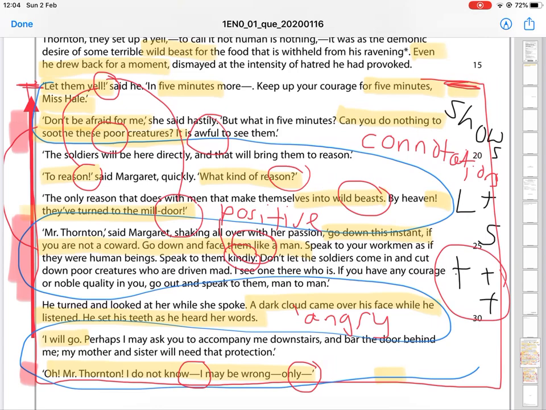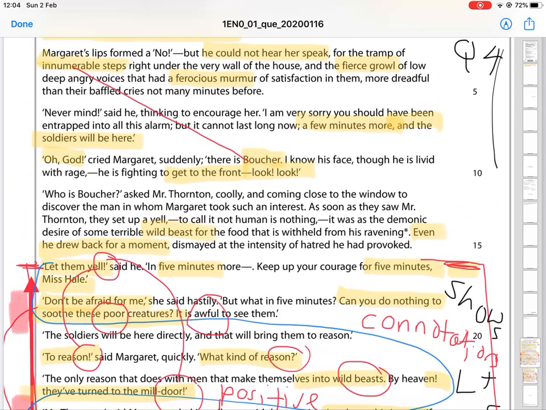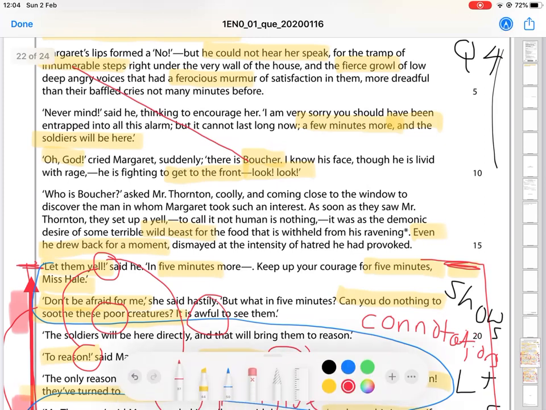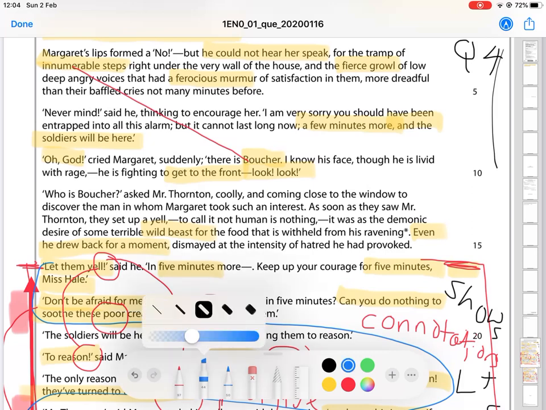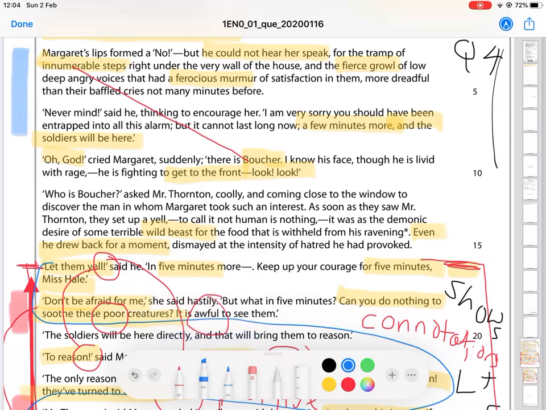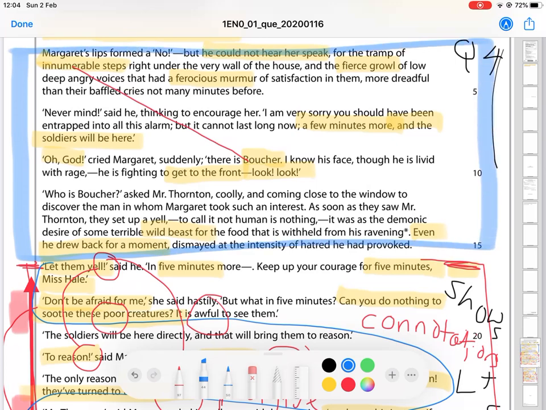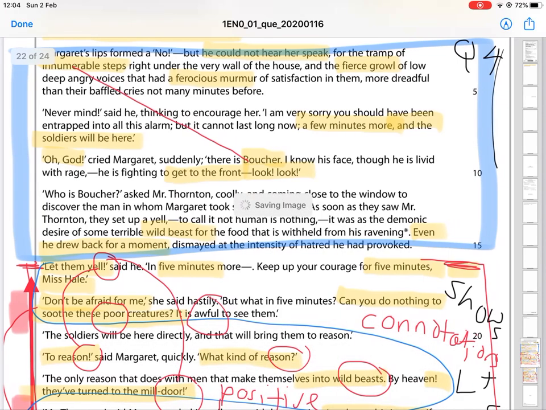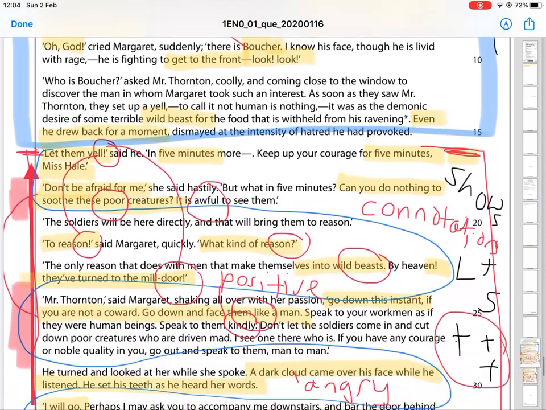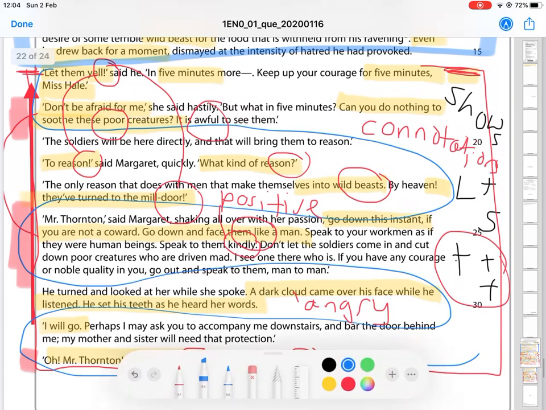Notice how the first section is tension, but outside. Let's change the colour of this, just so you can see it. All here, that is tension, but the tension is to do with what's going on outside. If you were to look at the tension in this part, don't look at it as language and structure.